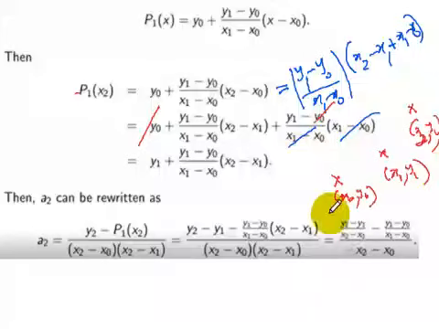Here look at this, the distance between y2 and y1. This means the slope of this line segment minus the slope of this line segment, divided by x2 minus x0.